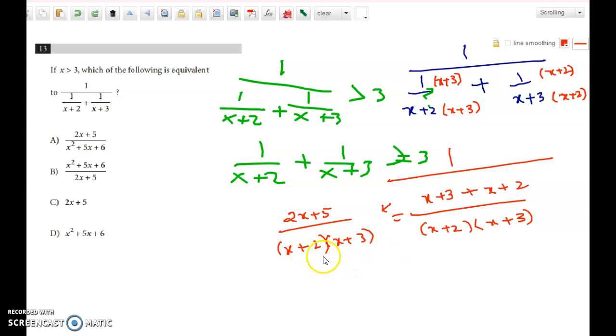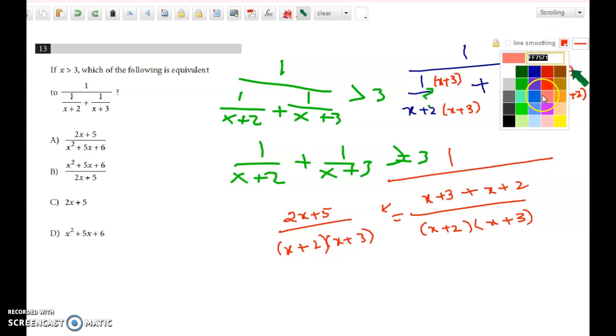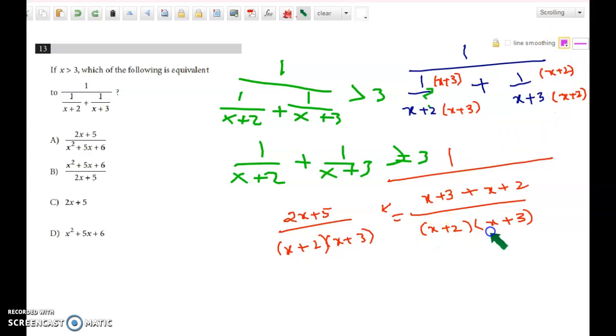Obviously, I distribute these factors and see what I can get there. I'm going to multiply these two here. I'm going to change the color so you can follow that up there. So x times x, x squared. Then x times 3, 3x, plus 2x, plus 6.